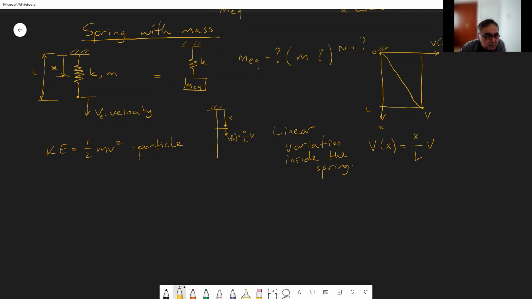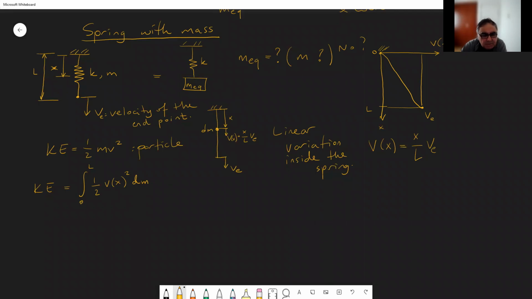Maybe not to confuse you, let's call the endpoint velocity VE. The kinetic energy is going to be, for a small mass dm, the integral of 1 over 2 v of x squared dm from 0 to L.